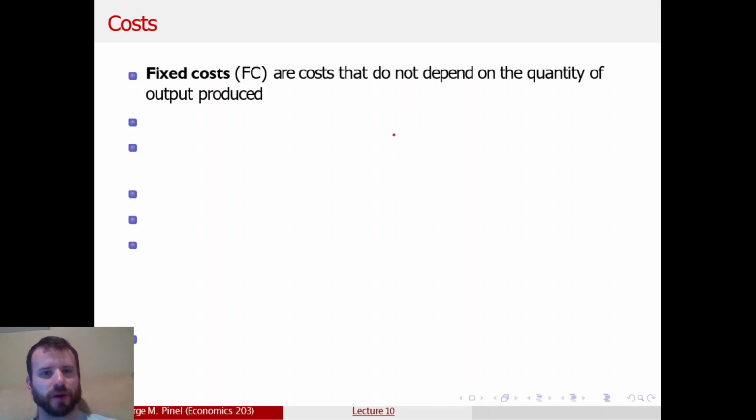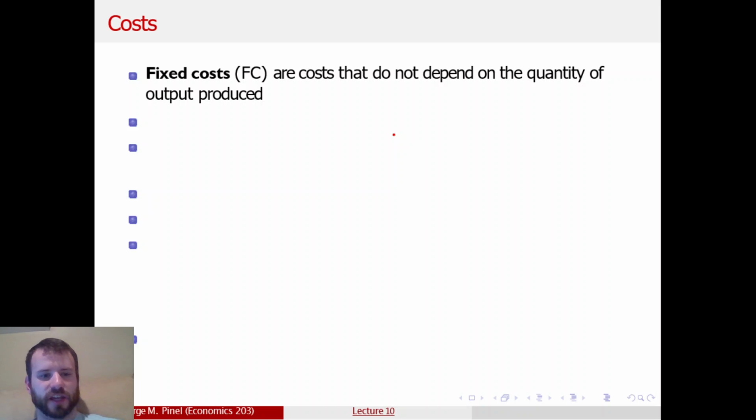Okay, so first up we have fixed costs, and these are basically the costs that don't depend on the quantity of output produced. The shorthand way of thinking about it is, when you start a business, you have to pay, let's say, legal fees to start it, right? And you have to buy or rent a building for a particular time period, let's say a year, like sign a lease.